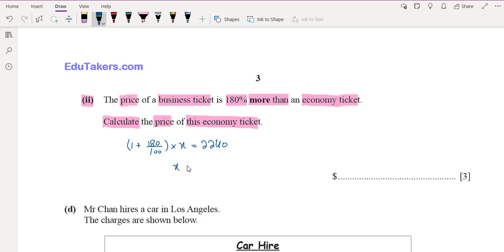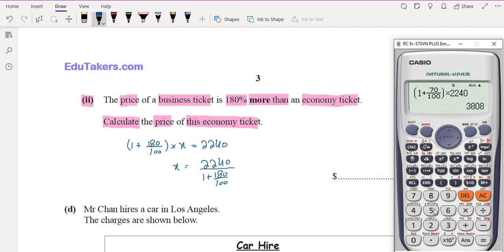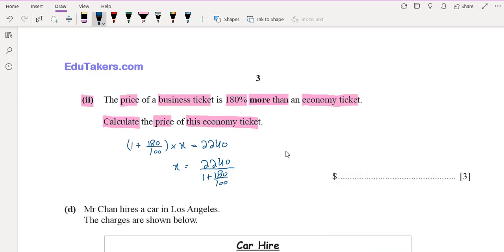From this, X is equal to 2,240 over 1 plus 180 over 100. 1 plus 180 over 100 is 2.8, so the price of this economy ticket is $800.